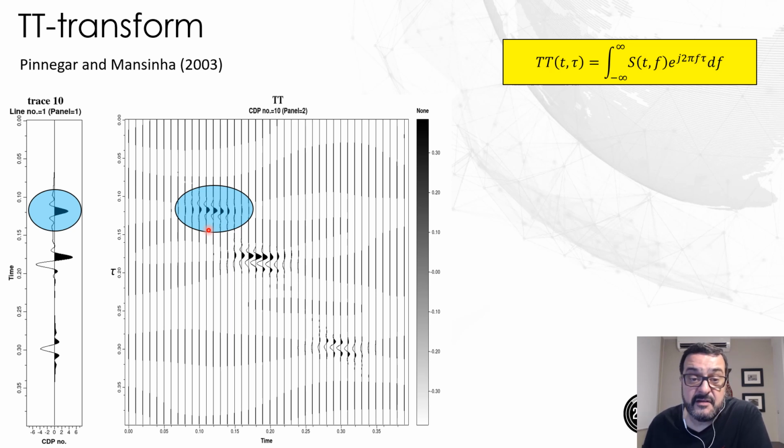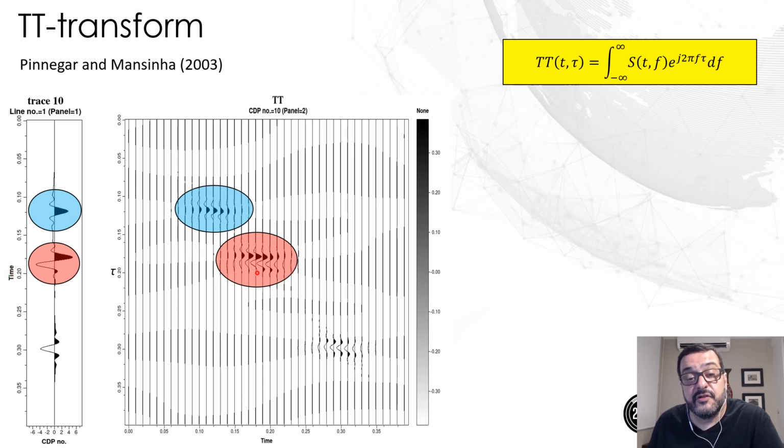Let's look at the second one, which represents a thin bed, which is an interference between the top and bottom of the wedge model. And let's look at the local wavelets that stack this reflector.